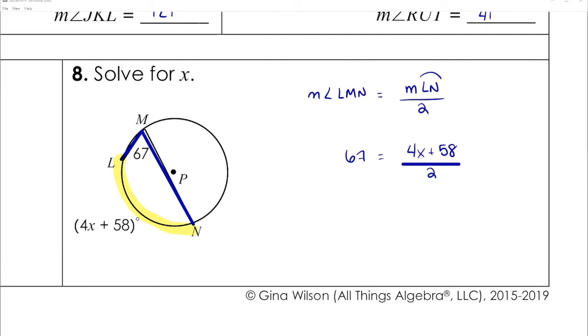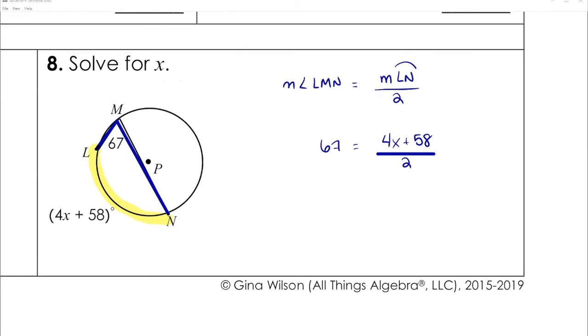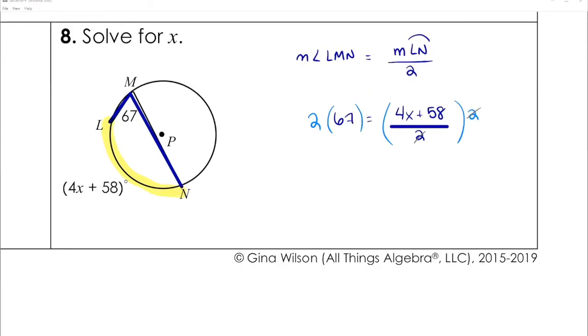So our goal here is to solve for x. So we've got to start isolating that variable. First step we need to do is, I know you guys love fractions so very much, but let's go ahead and clear that denominator. We're going to multiply both sides by 2. What that does, it knocks out the 2 on the right side, gives us 134 equals 4x plus 58. Now it just becomes a 2-step algebra problem.